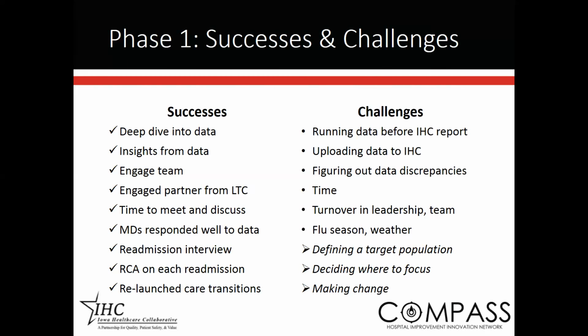For as many successes as there were, as many challenges, which is not surprising. Data, time to run data, trying to figure out why a report looks different from another is a point of some challenge. Again, that's what Kate and the team are here for.